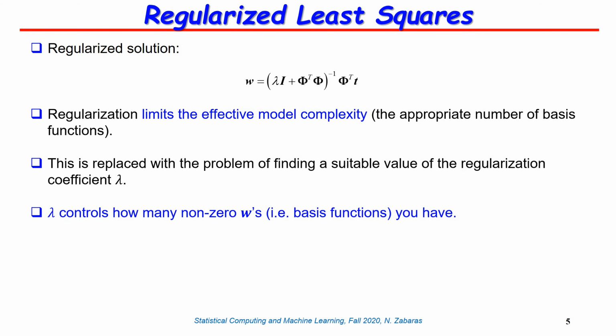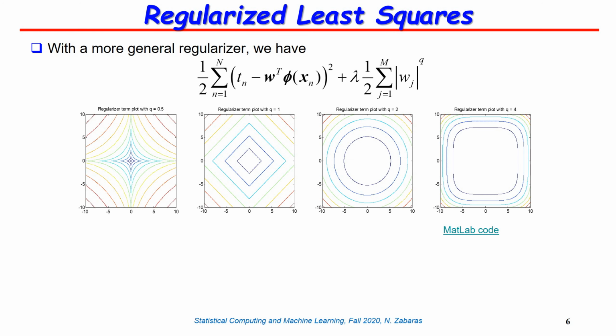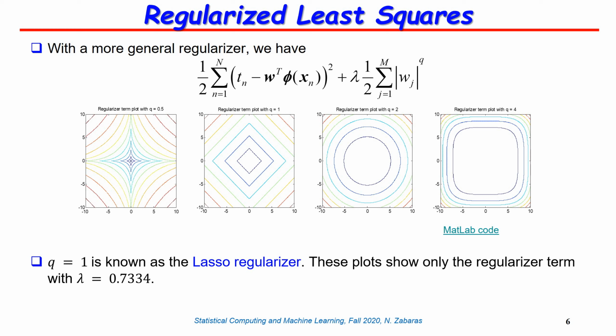Okay, and so let me discuss a few more types of regularization beyond the quadratic regularizer that we have seen in Ridge regression. In particular, I'm going to take a regularization term that has the absolute values of the coefficients to some power q.